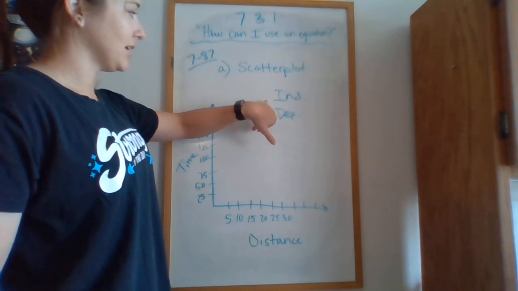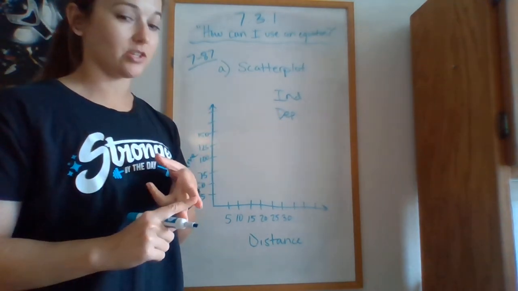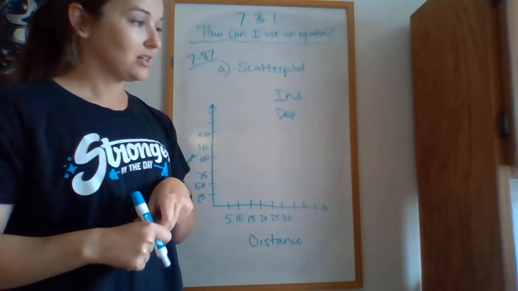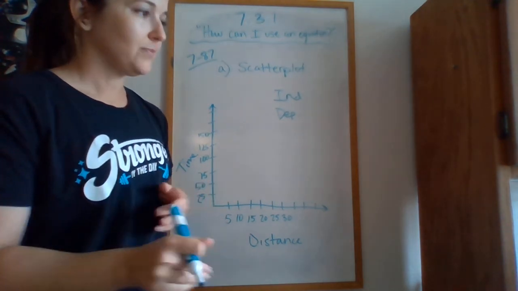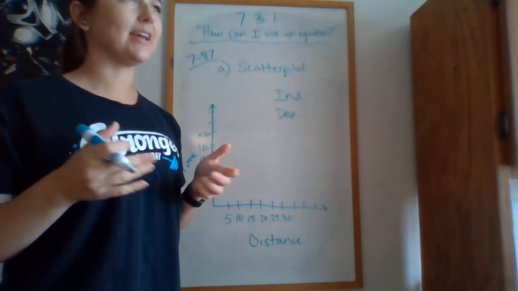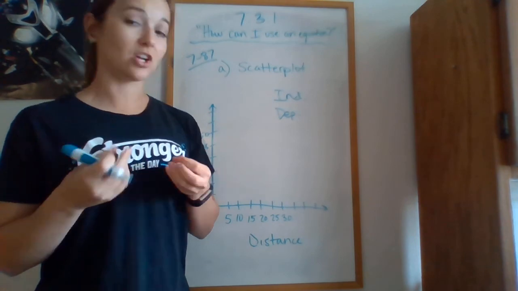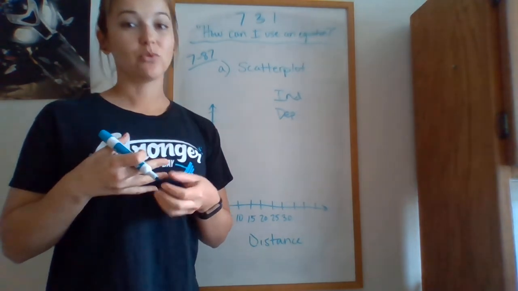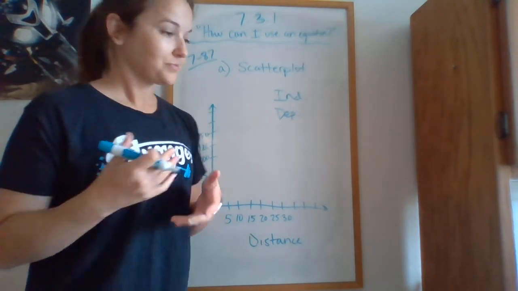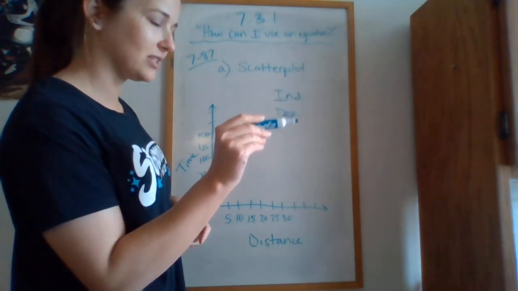So we need to pick the time or the distance as our dependent and independent variables. You could also think about it, an independent variable might be like the cause, and the dependent would be the effect. So let's see. We've got time and we've got distance.